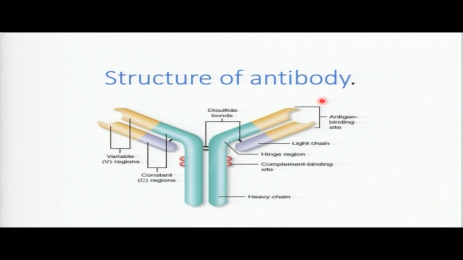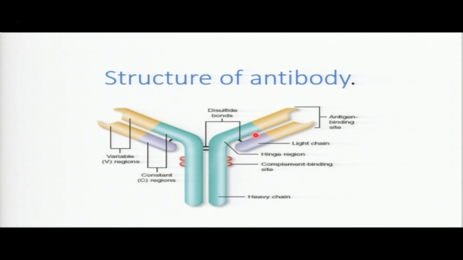Now, this is the structure of antibody. How does it look like? If you look at this diagram, we can see the structure of antibody. It has 4 chains: 1, 2, 3, 4.